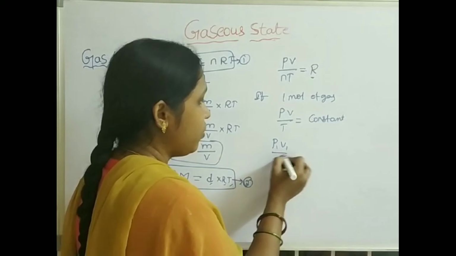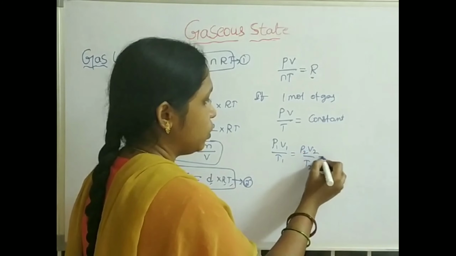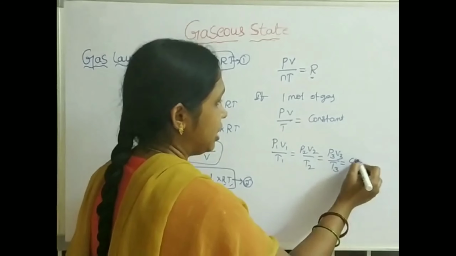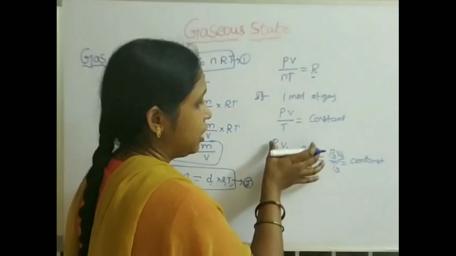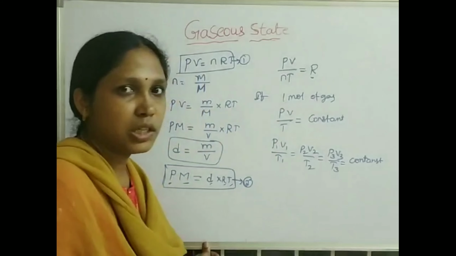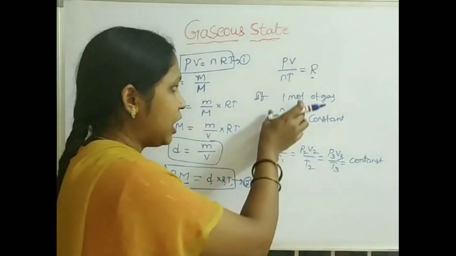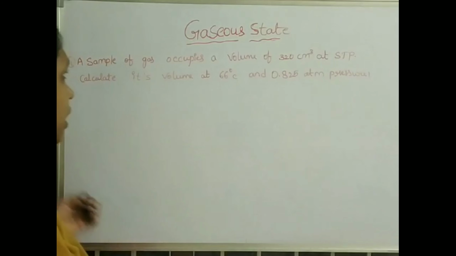That means P1V1 by T1 equals P2V2 by T2, which equals P3V3 by T3. Like that, if you change the conditions, these also change. If you change any one factor, the remaining two also change. But PV by T is always constant.